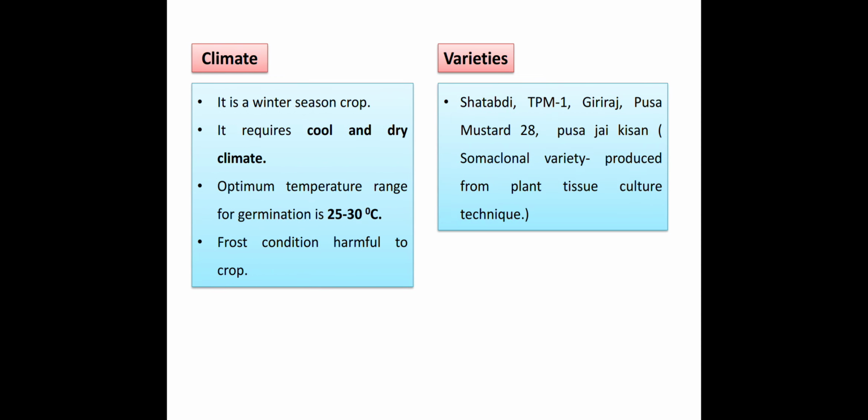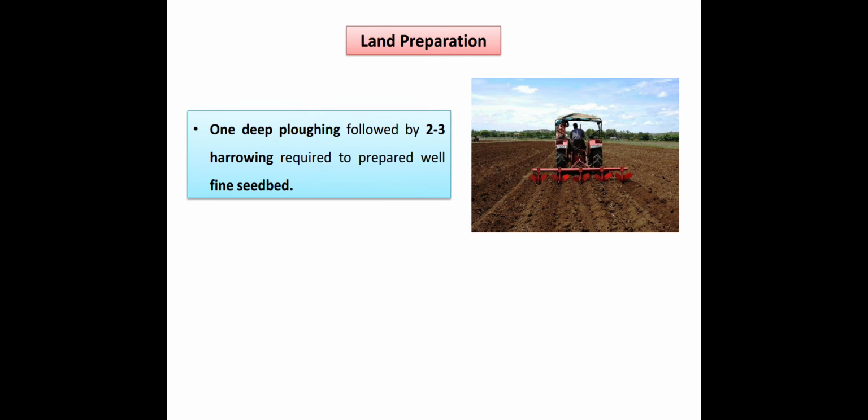For climate, as it is a winter season crop, it requires a cool and dry climate with an optimum temperature range for germination of 25 to 30 degrees Celsius, but at the same time frost conditions are also harmful for the crop. For varieties, commonly grown varieties include Shatabdi, TPM-1, Giriraj, Pusa Mustard 28, and Pusa Jai Kisan, which is a somaclonal variety produced from the plant tissue culture technique.